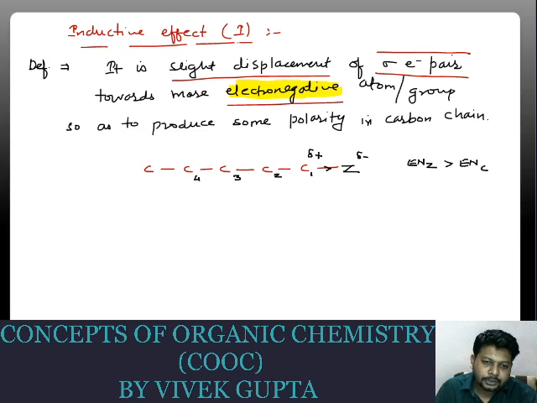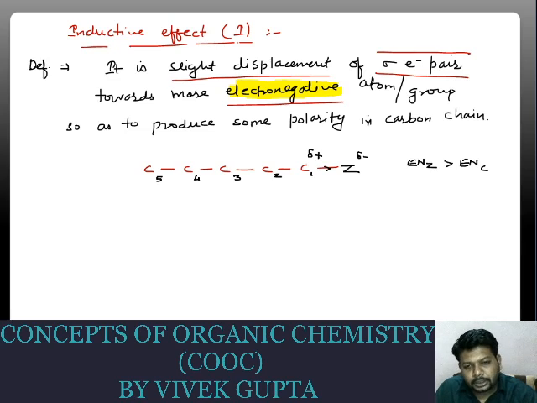Now as far as these carbons are concerned, suppose we name them C1, C2, C3, C4 and C5. Let's say there are two carbons C4 and C3 in isolated condition. Then the electronegativity of these two carbons is identical. So it will make a non-polar covalent bond, means the electron pair won't shift towards either carbon atom. It won't go towards C3, it won't go towards C4.